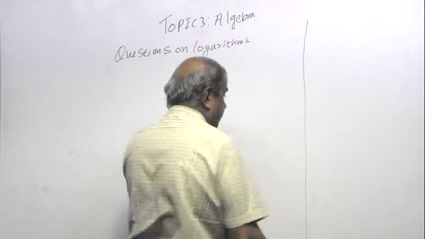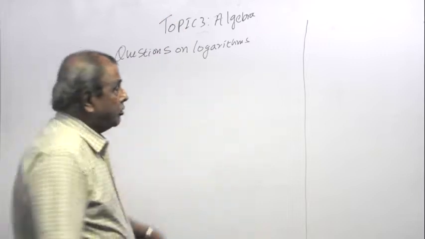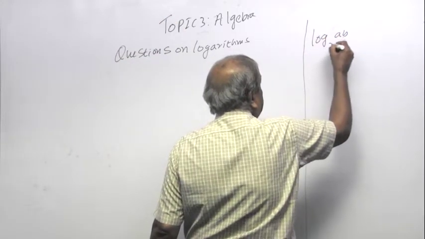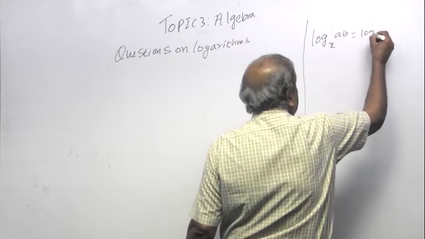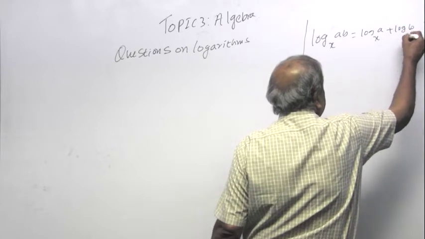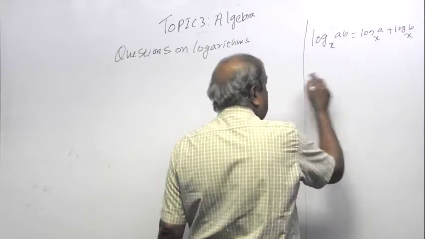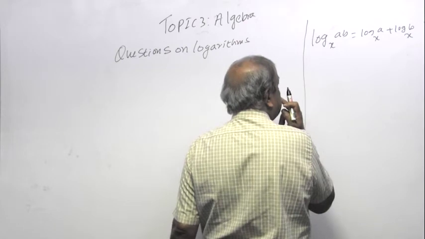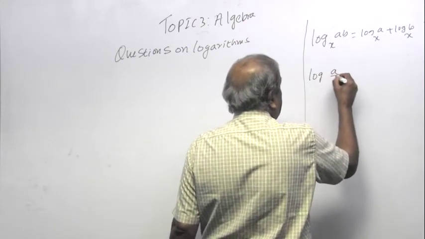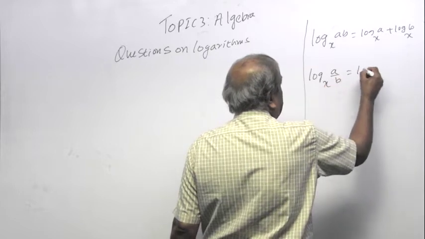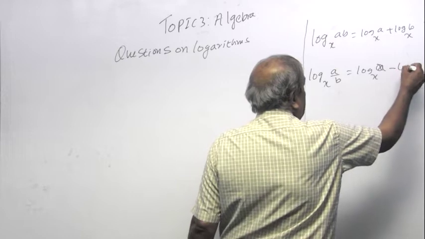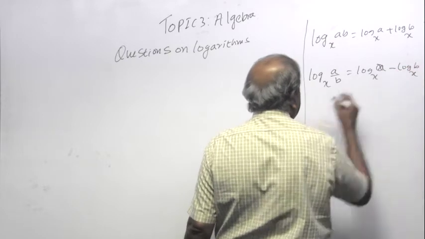For your convenience and mine, I will list the laws we have. Log of AB to base x equals log A to base x plus log B to base x. Log of A over B to base x equals log A to base x minus log B to base x.